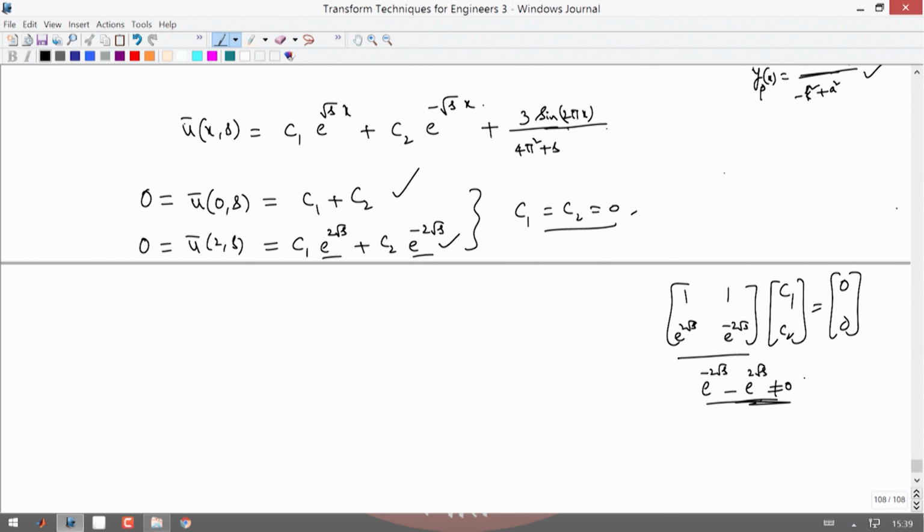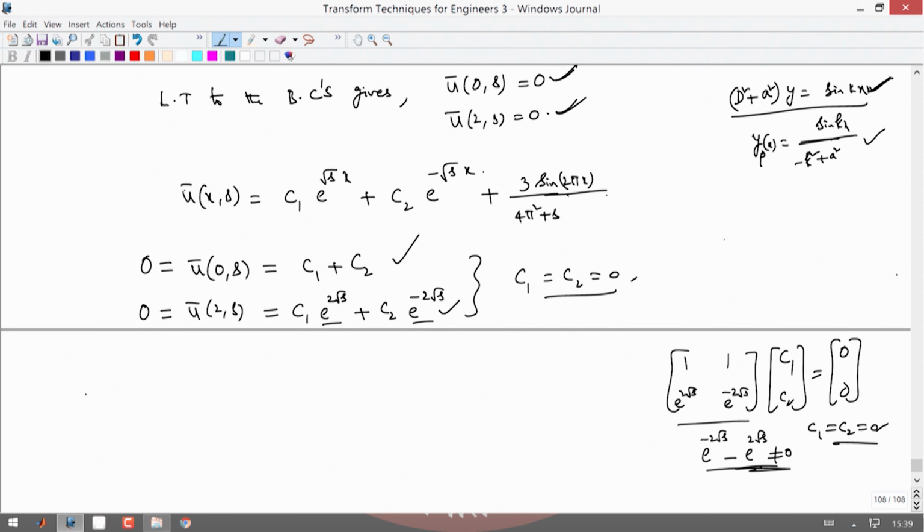So, that means C1 C2 have to be 0. So, what you see is u bar of x, s. The general solution has arbitrary constants, you applied these conditions to make C1 C2 zero. So, you have 3 times sin 2 pi x by 4 pi square plus s.